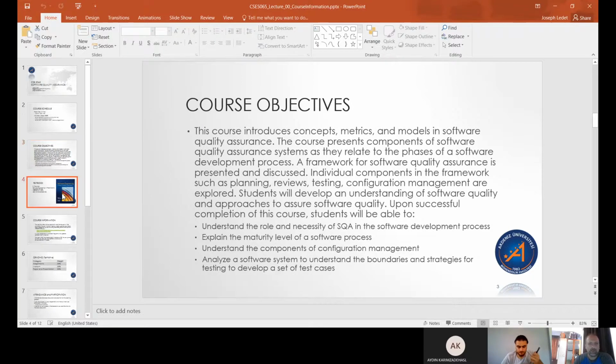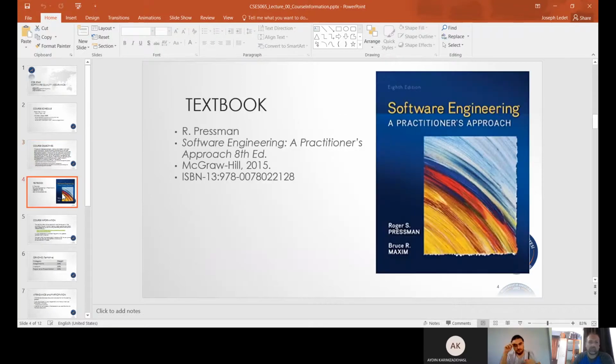All right. This textbook is what I'm going to be pulling the slides from. The core information from the slides will be coming from this textbook in various forms. I wouldn't expect you to go out and buy this textbook, but if it's something you'd be interested in, SQA, testing, that kind of stuff, software quality assurance, comes from one section of this textbook.